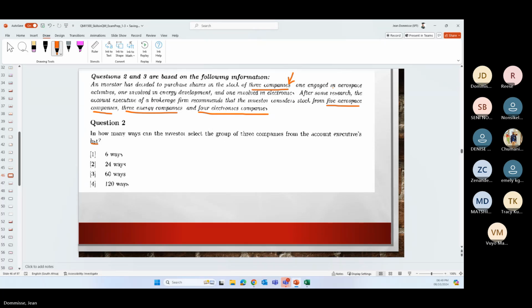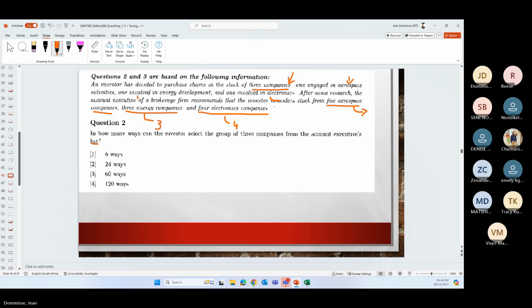So one must be engaged in aerospace, and there are 5 aerospace companies. One must be involved in energy, and there are 3. One must be involved in electronics, and there are 4.